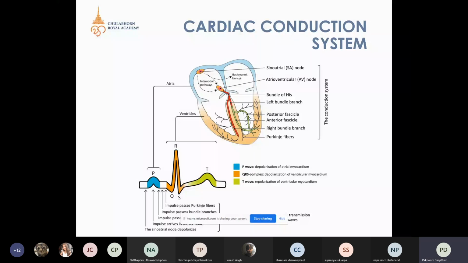After the electrical impulse goes to the atrioventricular node, the impulse will stay here for a while. It will be delayed just a little bit in order to let the atrium pump the blood into the ventricles.